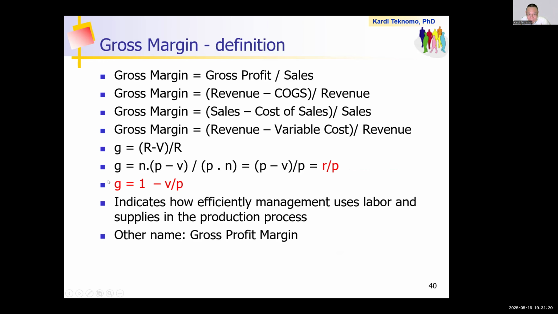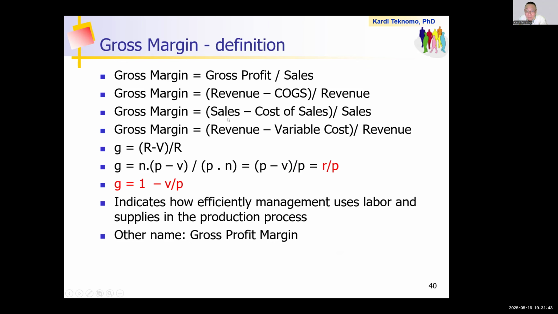This gross margin indicates how efficiently management uses the labor or supply in the production process. Gross margin is the same as the gross profit from a while ago divided by the sales.